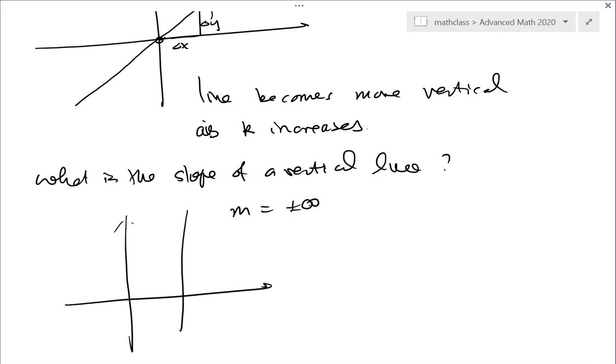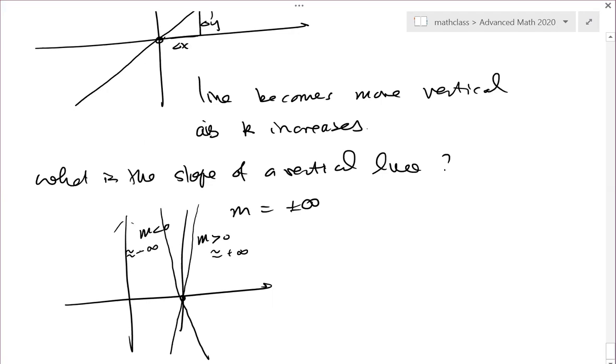Now when the slope is very large but not infinity, the line is almost vertical. In this case m is positive, almost infinity, and on this side the slope is negative, almost negative infinity. Well, this is my notation.